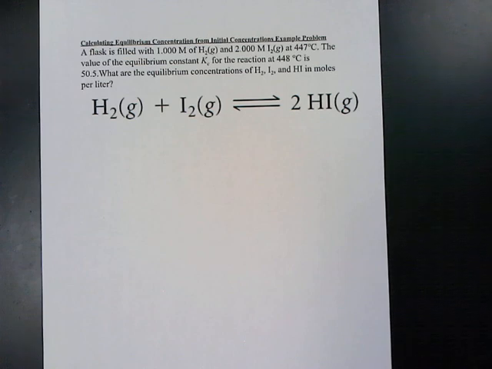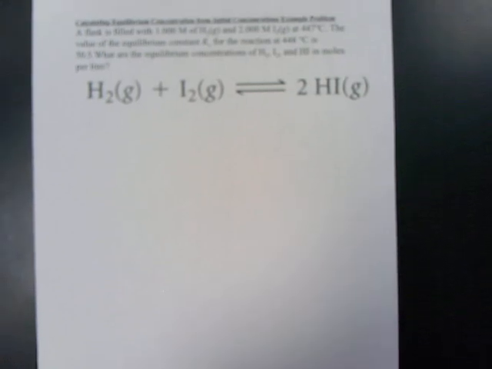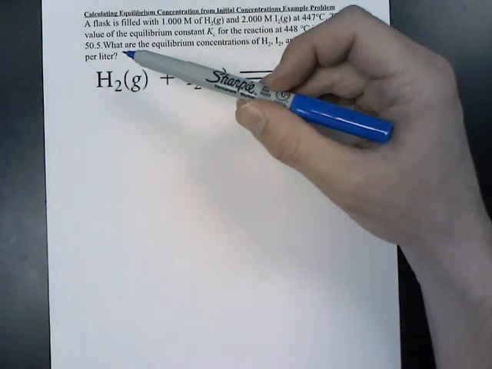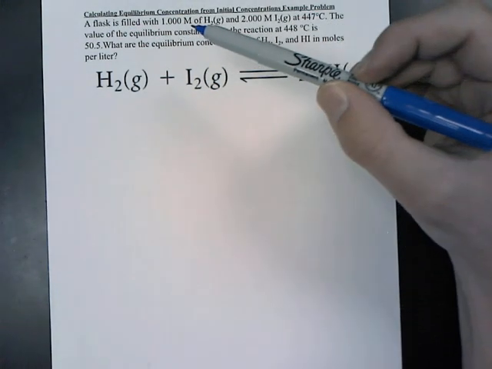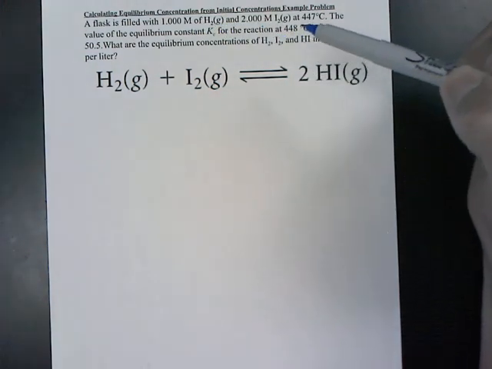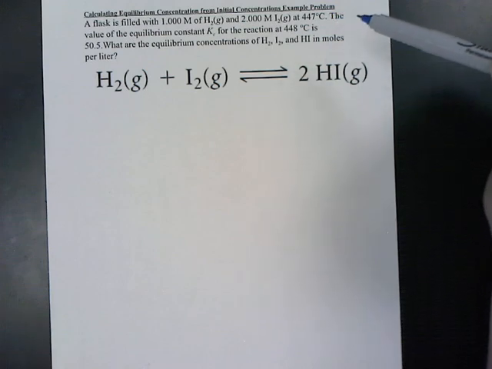So in this last problem, we go a little bit further and do a little more with our K and our equilibrium constant expression. We have this equation that we've seen over and over again, and we have a unique circumstance. It says a flask is filled with 1 molar H2 gas and 2 molar I2 gas at this particular temperature.